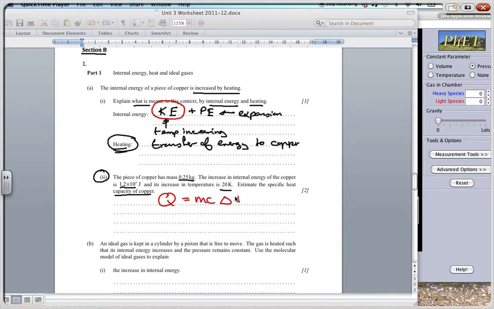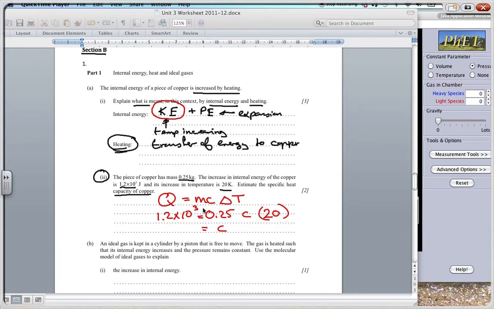in temperature. The Q is, we are told, 1.2 times 10 to the 3 joules. The mass is 0.25, and we get a change in temperature of 20. So we're going to multiply those out and divide.